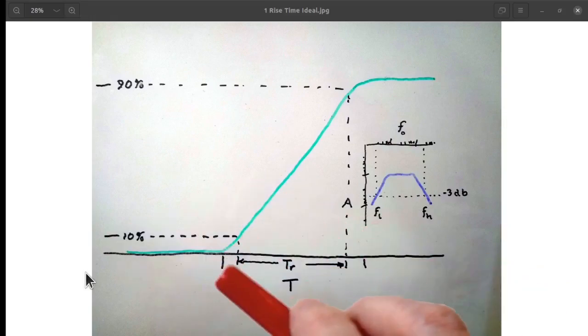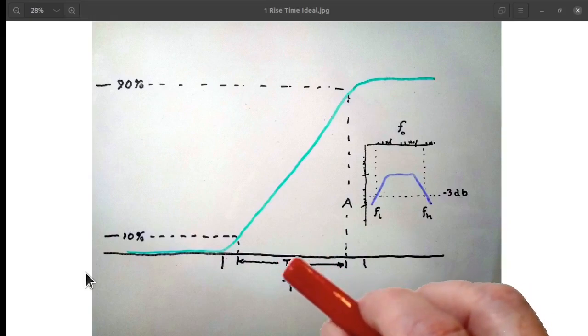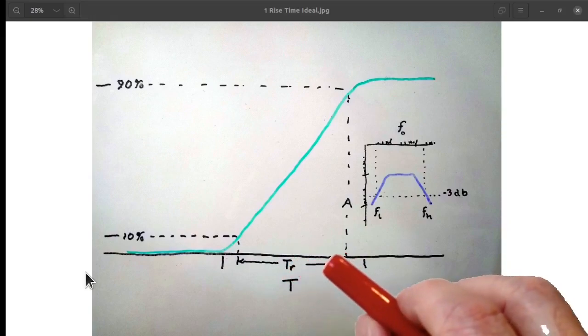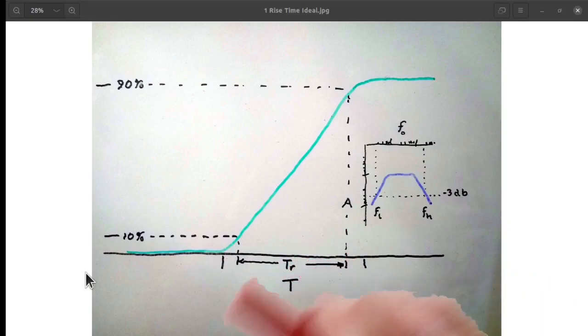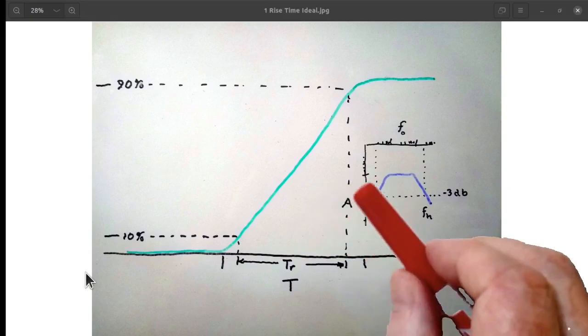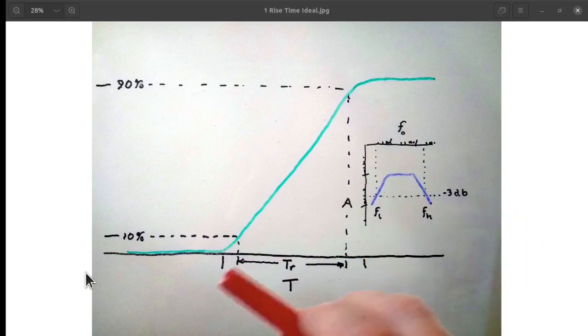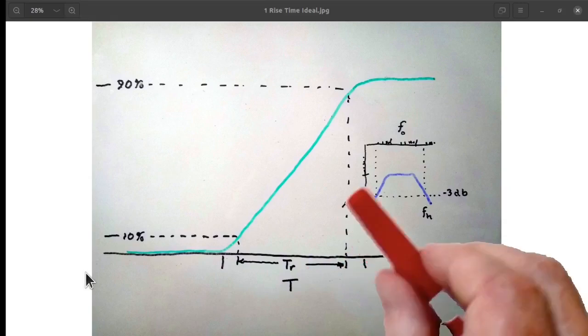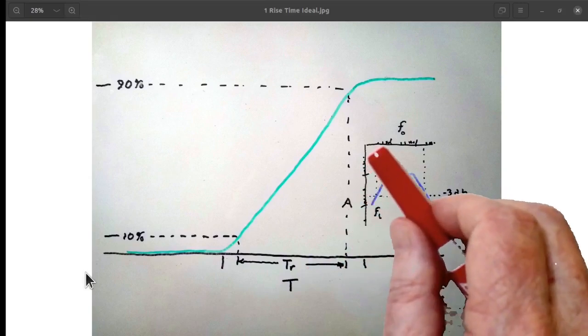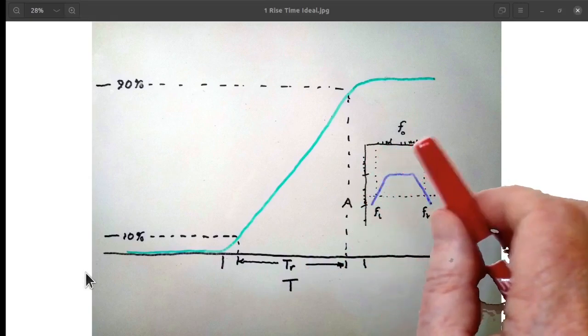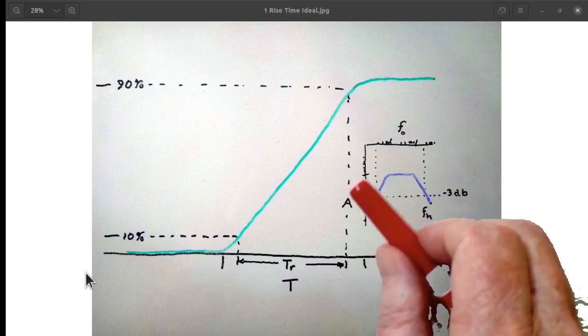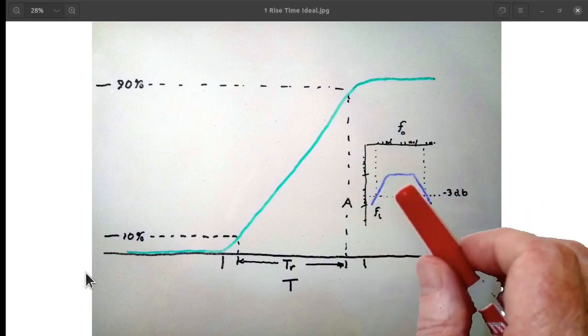So TR is our Risetime. And over here in this inset, this scale down here is linear. This scale over here is log in this direction and log in this direction. So this is a log-log scale.